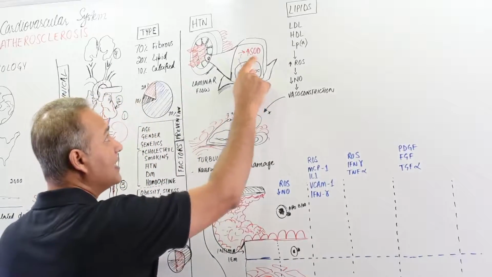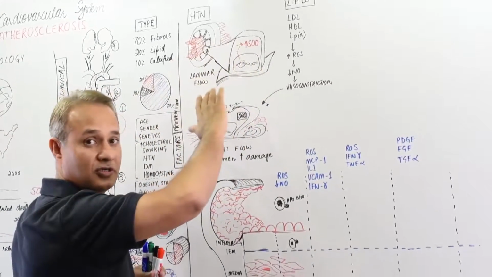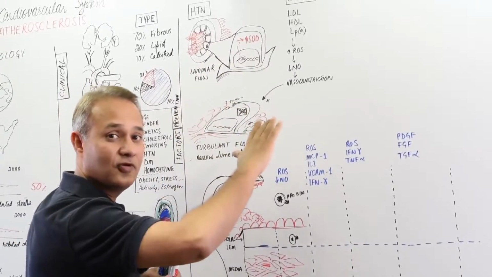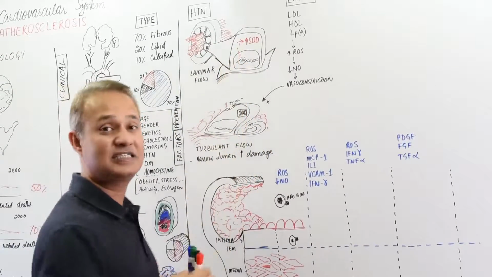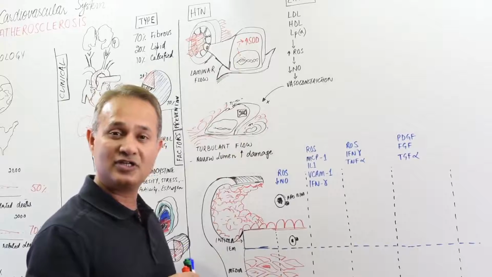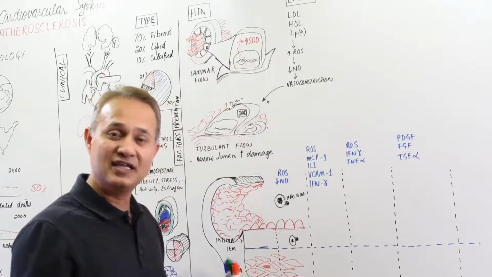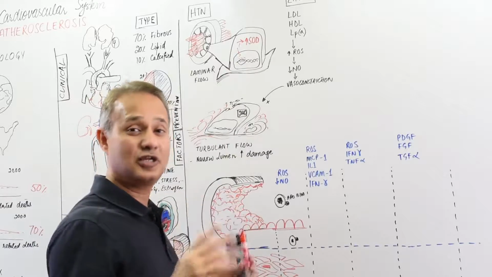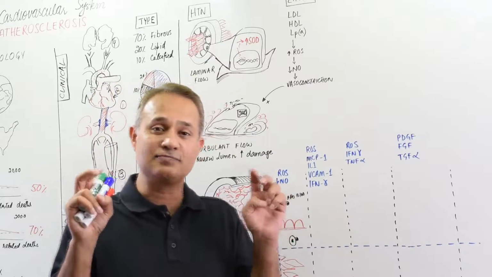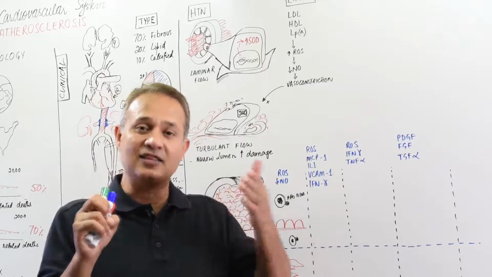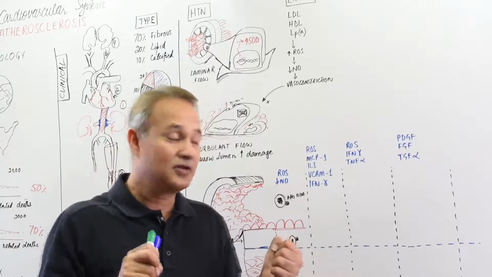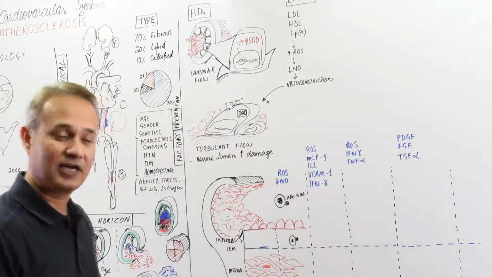So the cells that are exposed to the laminar blood flow have increased levels of superoxide dismutase. They are protected from oxygen species. They are protected from atherosclerosis. This mechanism is called the anti-atherosclerotic mechanism, or atheroprotective mechanism.